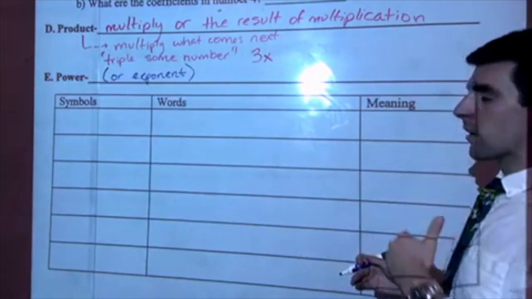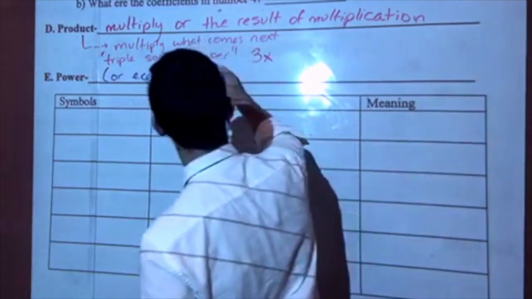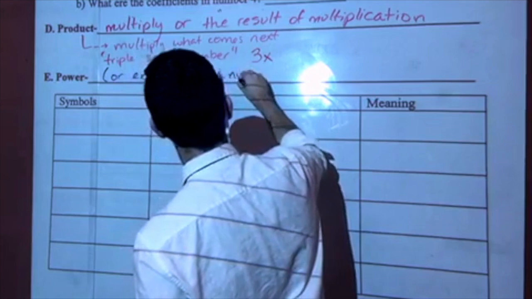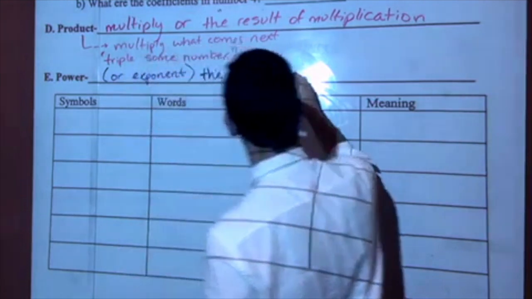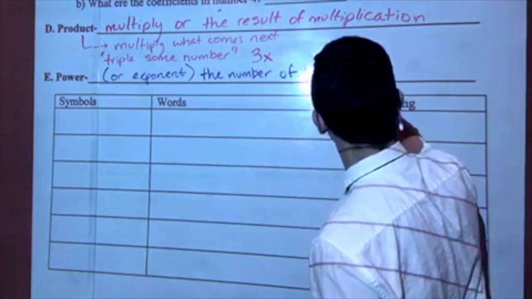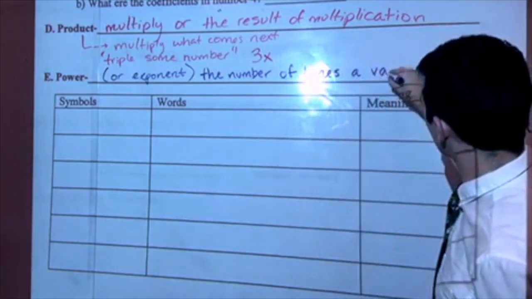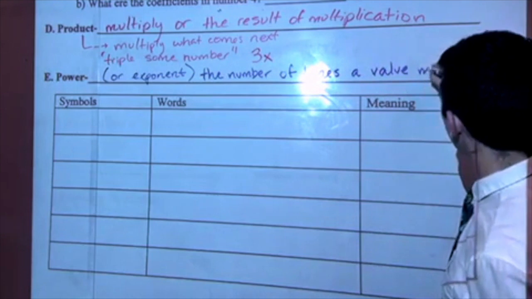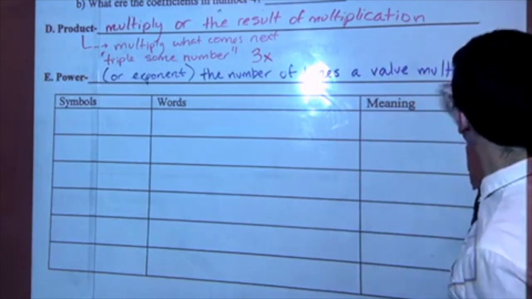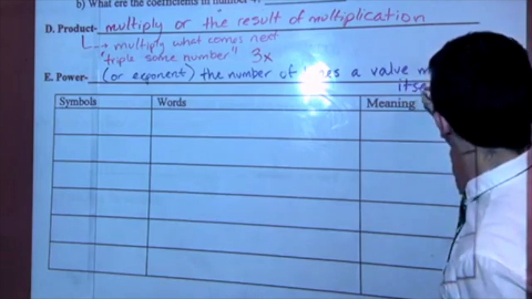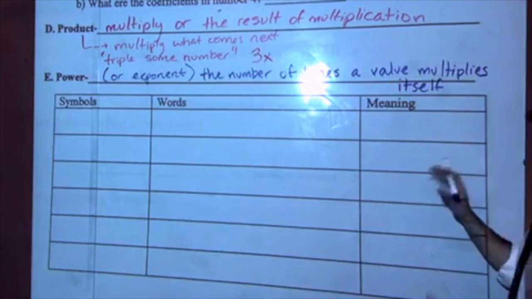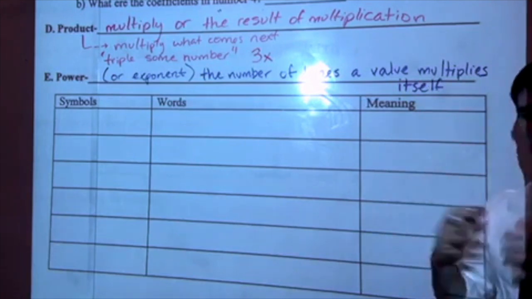What a power or an exponent is telling you is the number of times a value multiplies itself. So that's what power or exponent actually mean. The number of times a value multiplied itself.